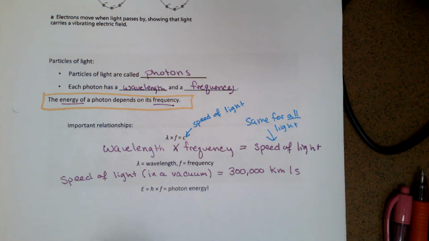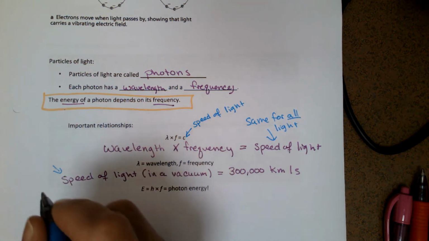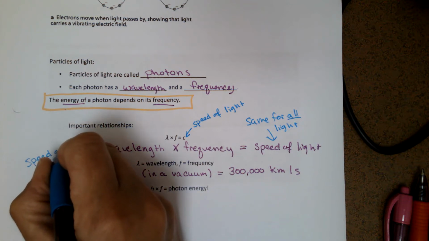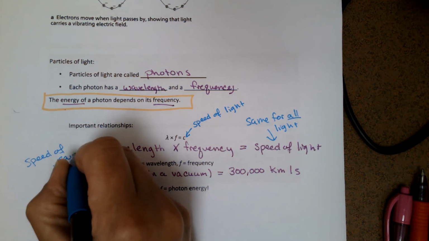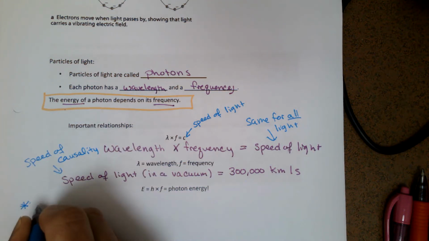It's not just the speed of light. Speed of light is not just about light. Speed of light is deeper. It's the speed of causality. Nothing can go faster than the speed of light.